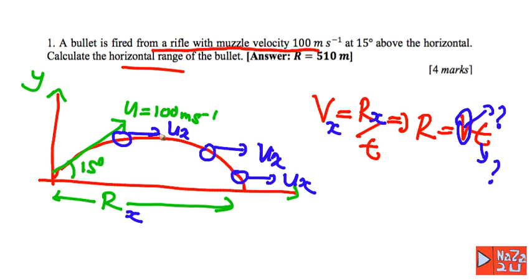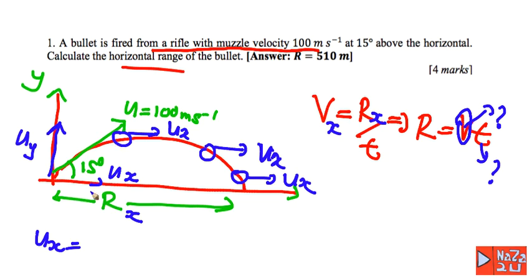If you use the diagram, you resolve u to uy and to ux. You have the value of ux because you have the value of theta and the initial value of 100 meters per second.